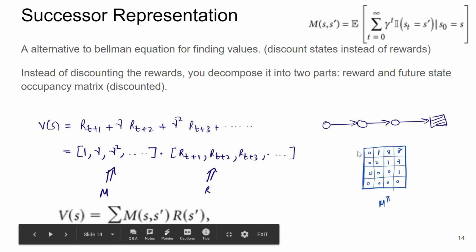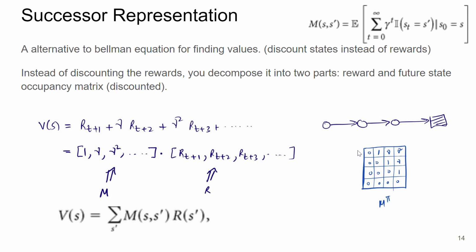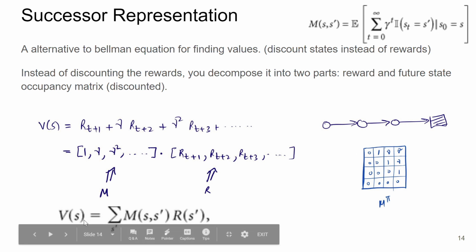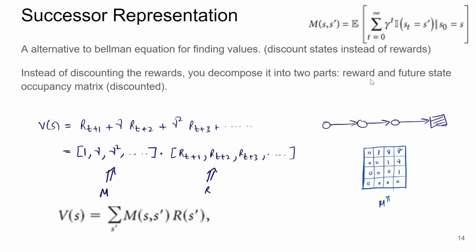So the first row represents the V of, so let's say we are looking at this state. What M essentially encodes is the future state occupancy matrix. What do I mean by that?